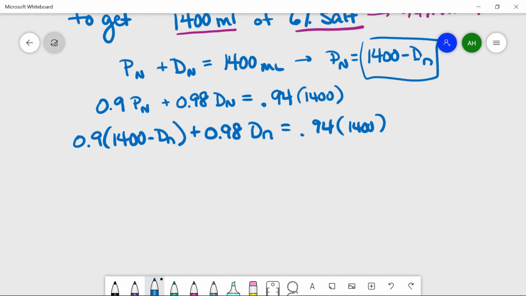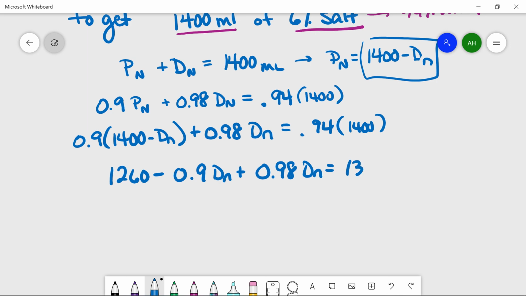Okay, so doing that math, I've got 1260 minus 0.9 dN plus 0.98 dN equals 1316. All right, combine like terms, and I get 0.08 dN equals 56, and this dN equals 700 milliliters.